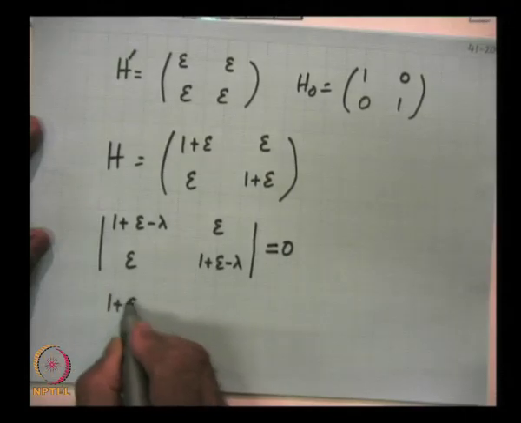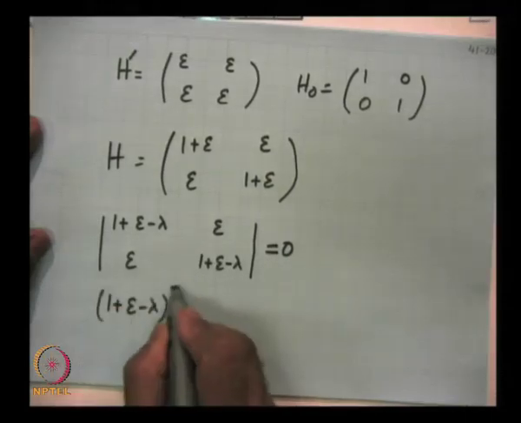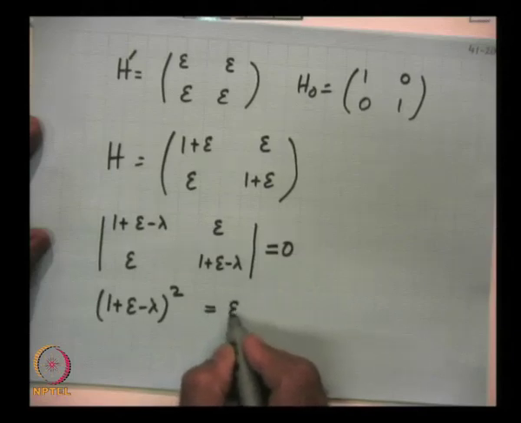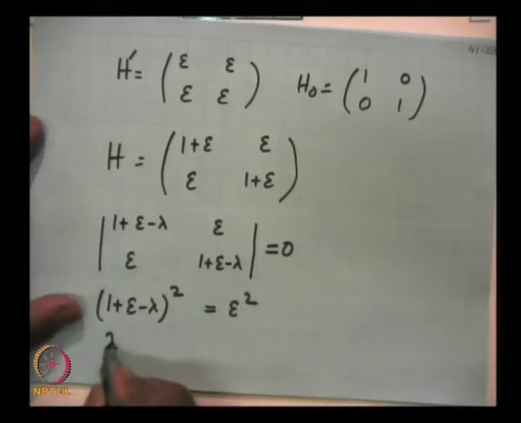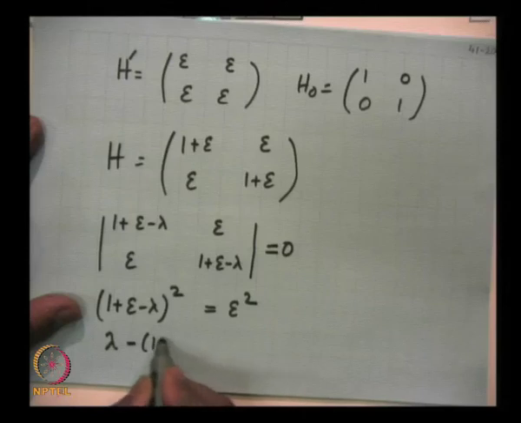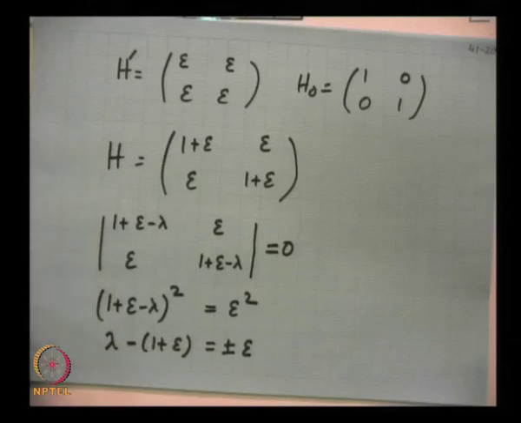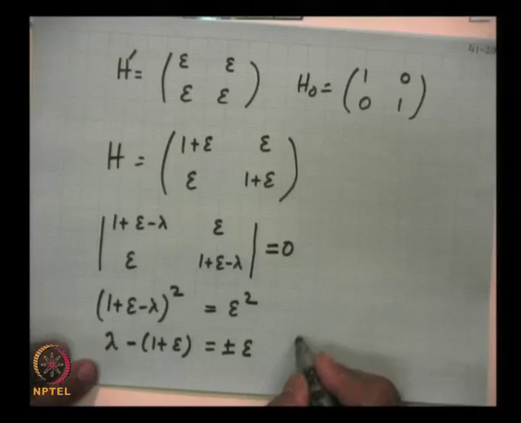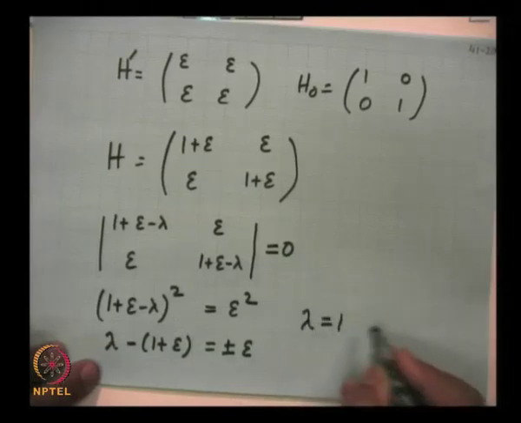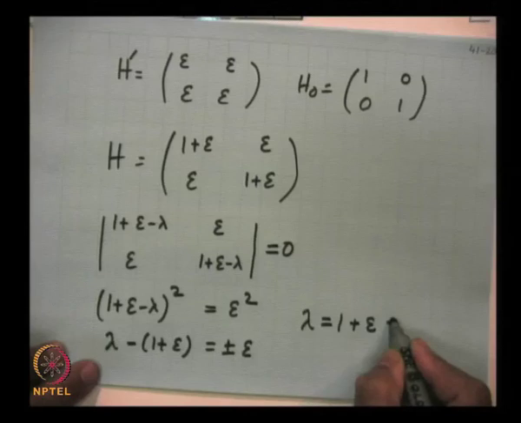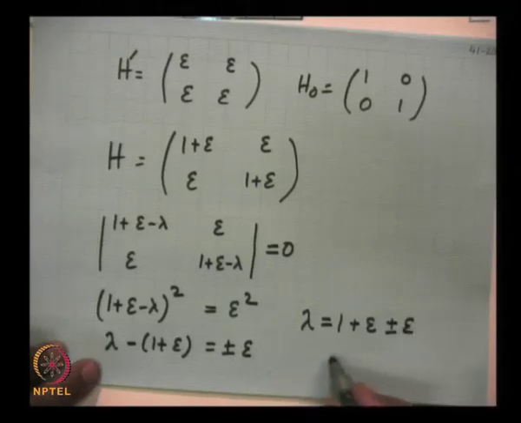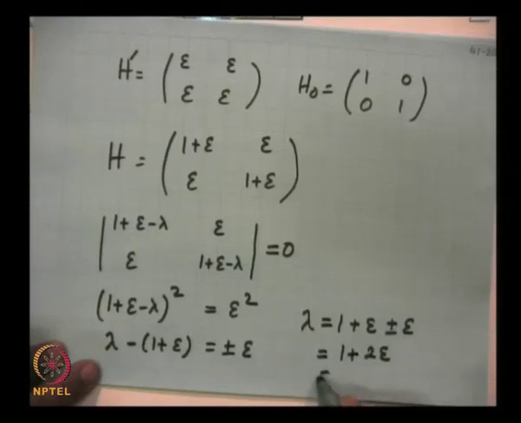So, you have 1 plus epsilon minus lambda whole square is equal to epsilon square. So, you can write lambda minus 1 plus epsilon is equal to plus minus epsilon. So, you will get lambda is equal to 1 plus epsilon plus minus epsilon. So, you have here two eigenvalues. One is 1 plus 2 epsilon and the other is just 1.